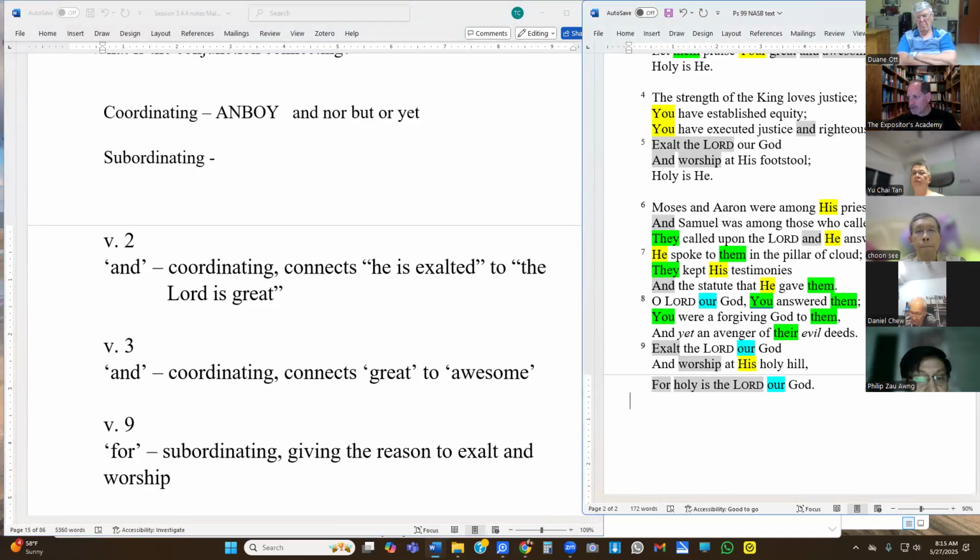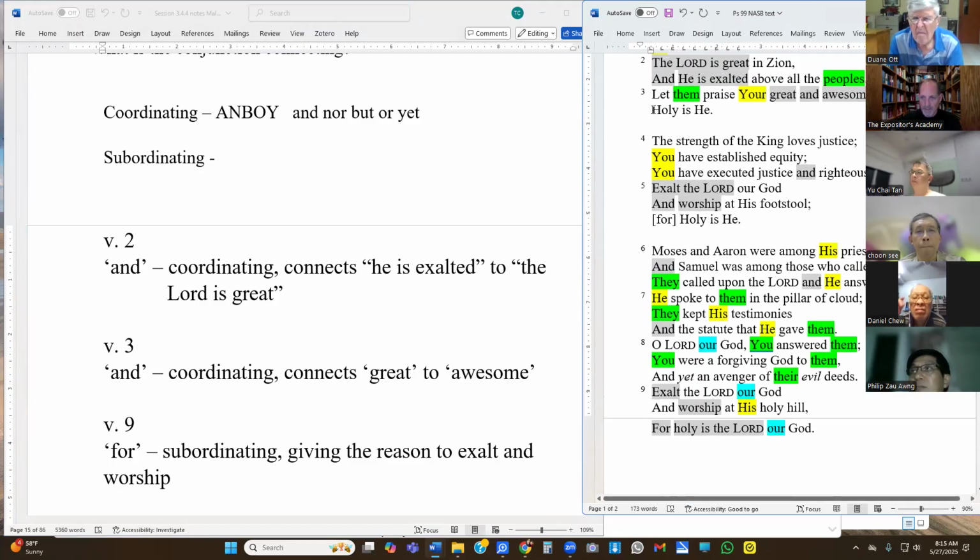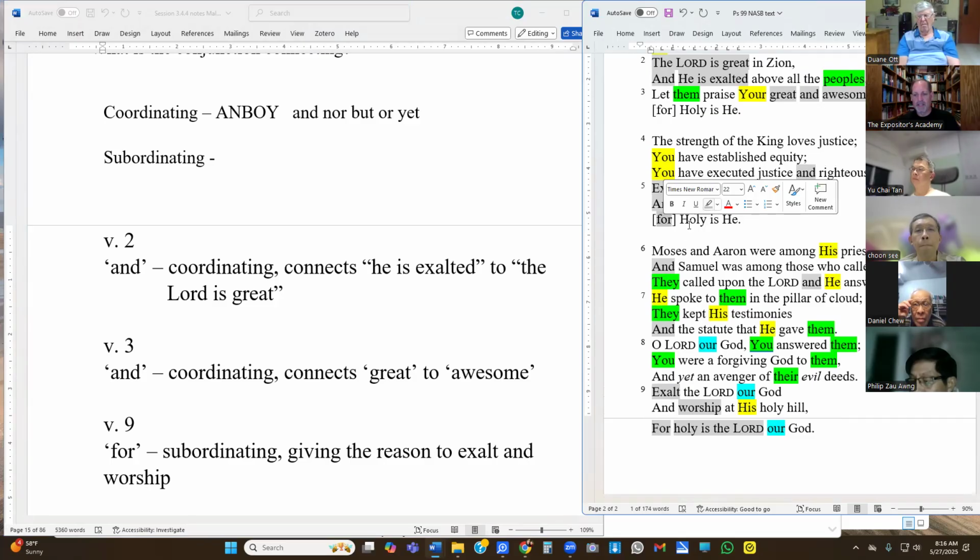And really, those are the only conjunctions listed here. Now, if you remember before, we mentioned that there's an implied conjunction in verse 5 and verse 3. It's stated explicitly in verse 9, for, but in verse 5, we don't have it stated explicitly, but I think the idea is still there.